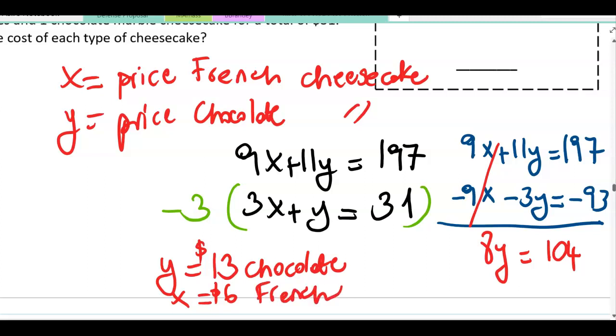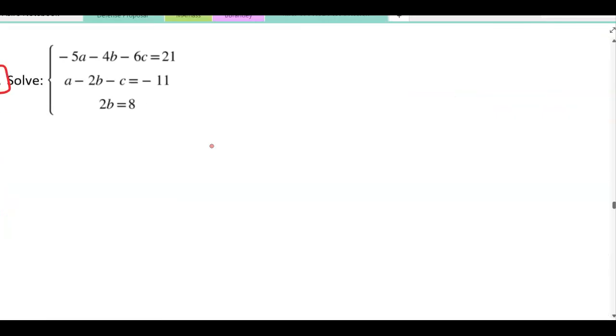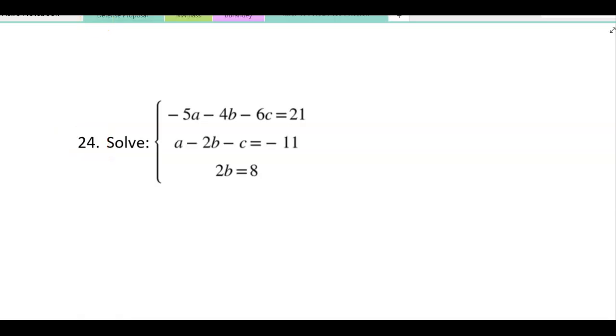Right, that's that one. Okay, I can solve one more video because they are 15 minutes. Lots. Okay, let's see if we can go for this one. This is a system of equations with 3 variables. However, if you look at the last equation, you already have the solution there, so b will be equal to 4. So then we're going to rewrite these 2 equations by using b equal 4.